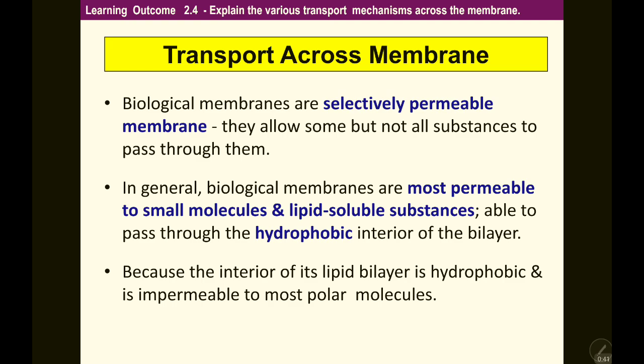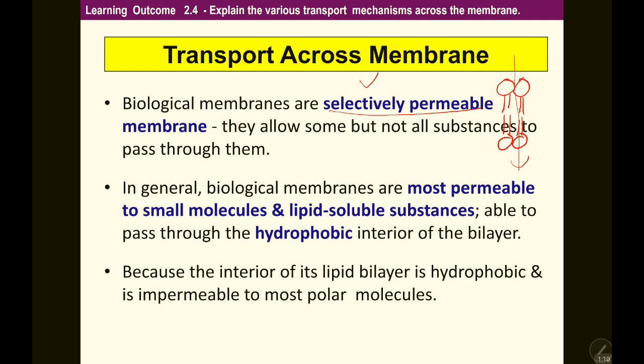Alright, so the membrane is selectively permeable, like we have said before, due to the phospholipid bilayer, which has a hydrophilic region and a hydrophobic region. Since it is selectively permeable, it only allows certain things to go across the membrane, but not everything. So that's why it's called selectively permeable.